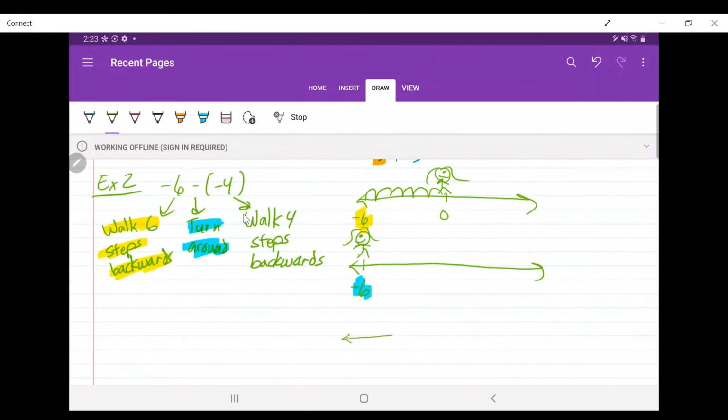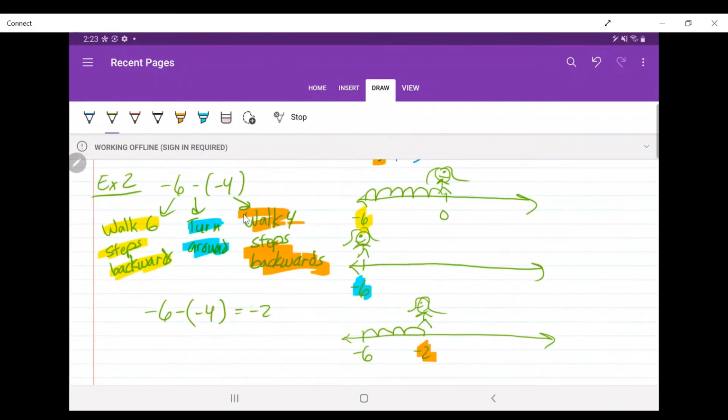Lastly, we need to walk 4 steps backwards. So if our person is walking backwards and they're facing left, that means they're moving to the right. So -5, -4, -3, -2. And that will be our solution. So -6 minus -4 is equal to -2.